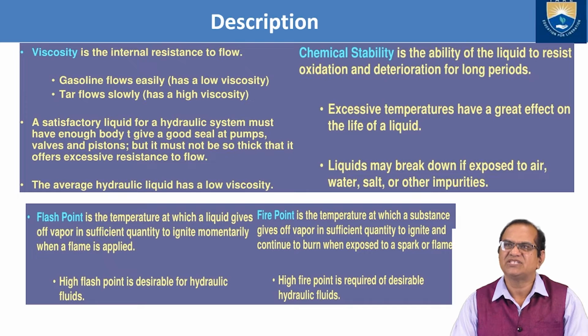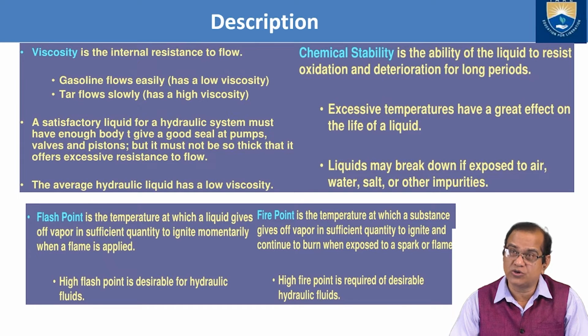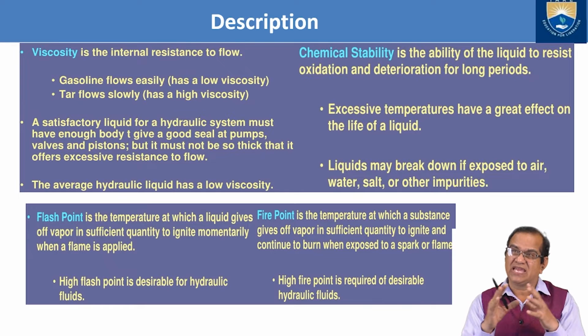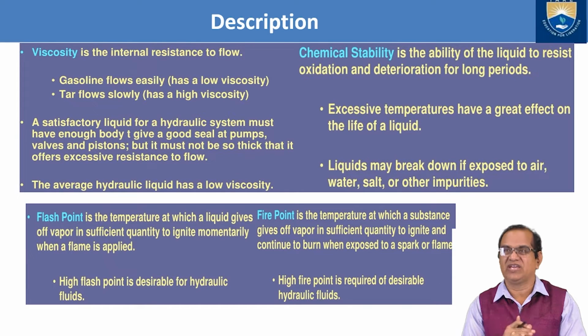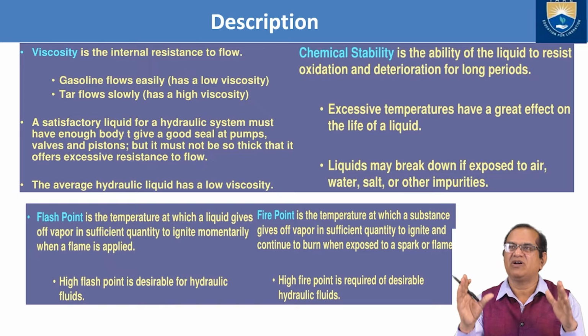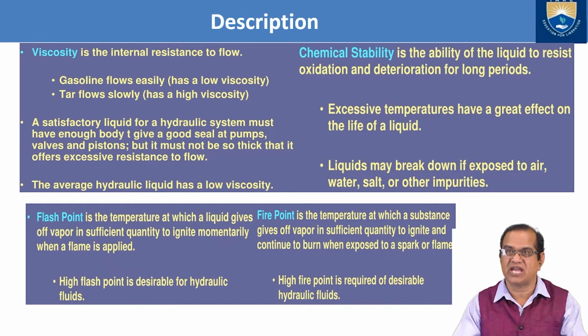Next is chemical stability, the ability of the liquid to resist oxidation and deterioration over a long period. So it should be chemically stable. It should not form oxidation or corrosion. Also, it should not deteriorate. Its chemical composition should not change. It should be intact and maintain proper quality for a long time.